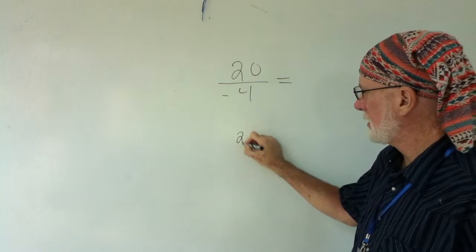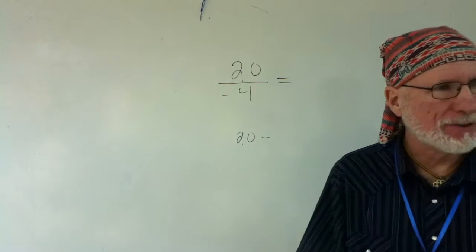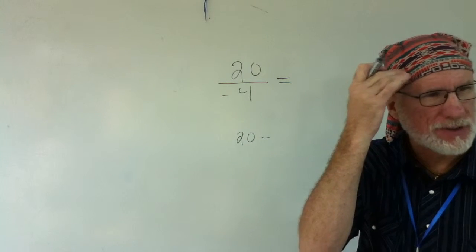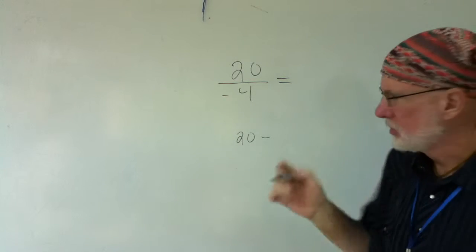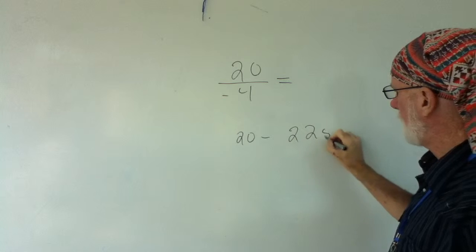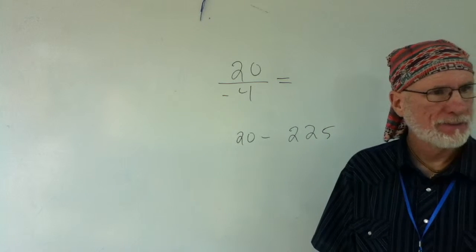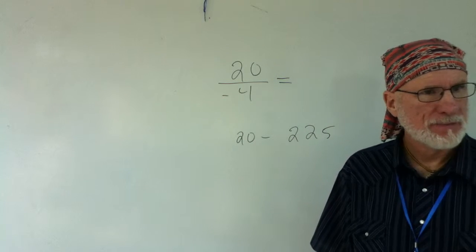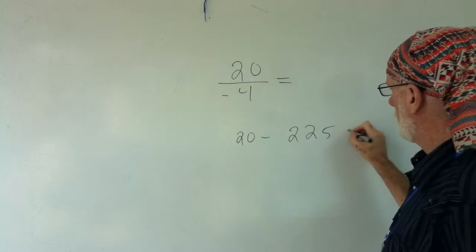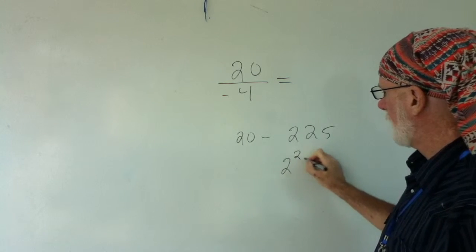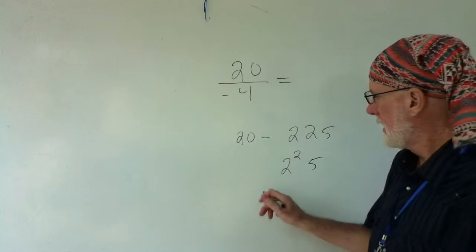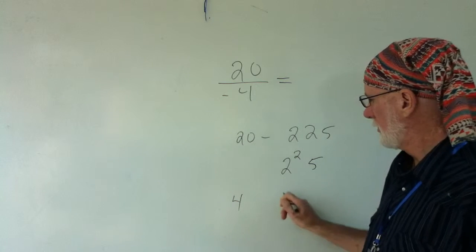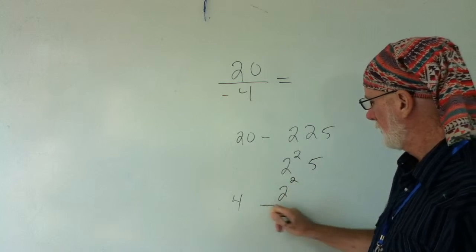So you take 20 and you break that down into primes. Let's just do it in our heads. 2 times 10 and then 2 times 5. So it's going to be 2, 2, 5. So it'll be 2 squared times 5. And then 4 is going to be 2 squared.